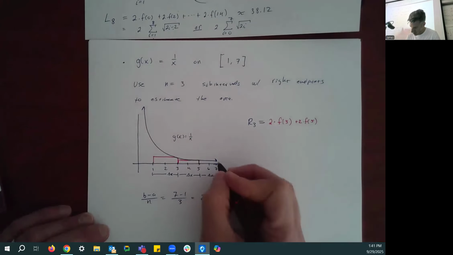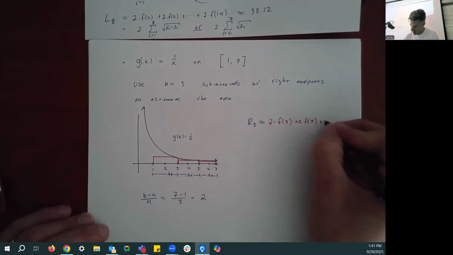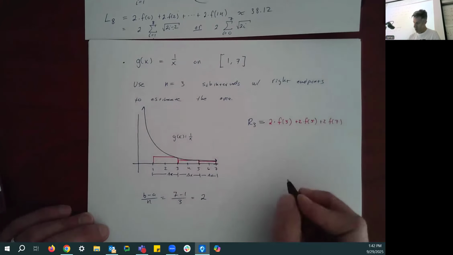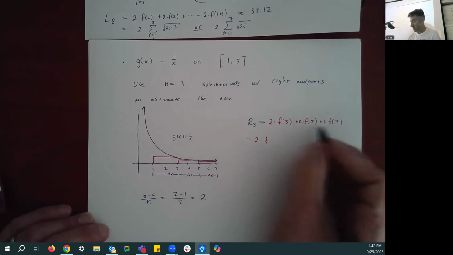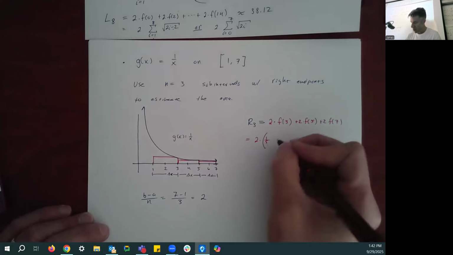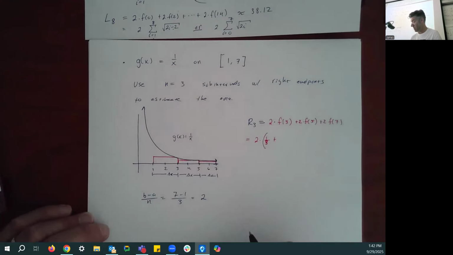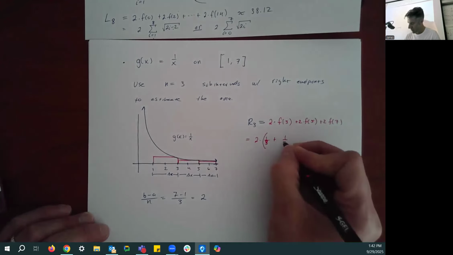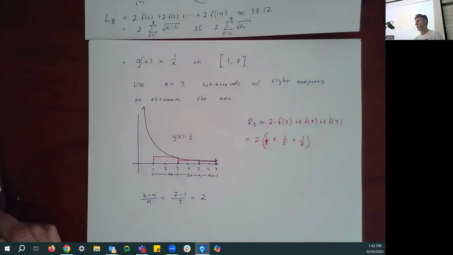And thirdly, when I plug in 7, my base is still 2, my height is f of 7. So here we're getting 2 times 1/5. I should just factor out the 2. 2 times 1/3 should be the first thing I'm writing. Got ahead of myself there. Plus 1/5 plus 1/7, which is kind of terrible, right?